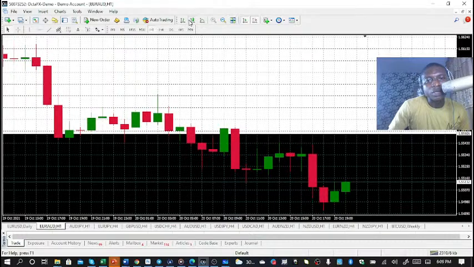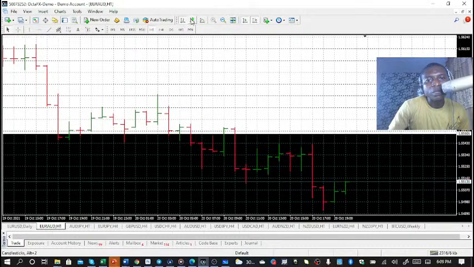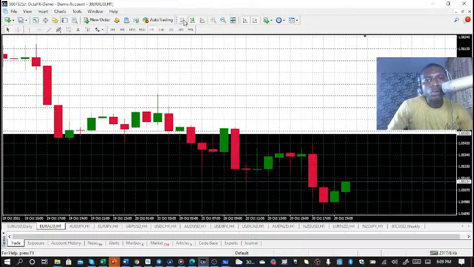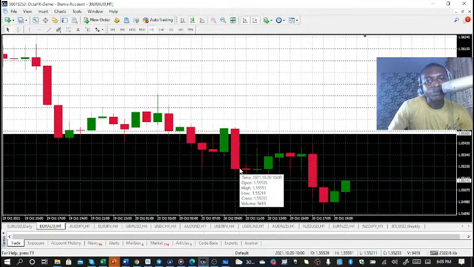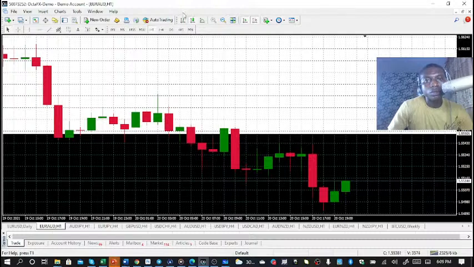See that flip. The candlestick fleshes up what is happening on the bar chart. So easily from here we could say this is a green candle, a bullish candle, and this is a bearish candle.